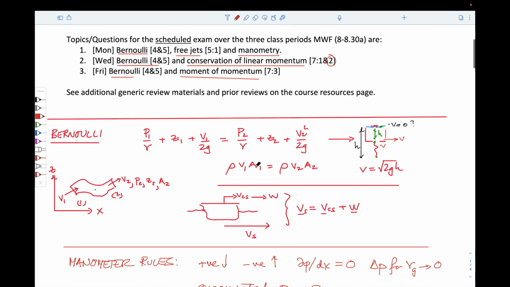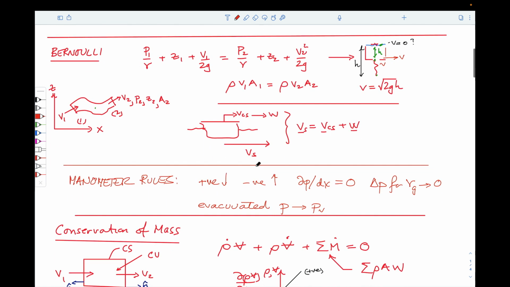The material you need to know in brief is to know what Bernoulli is. You know that Bernoulli is written between one location to a second location. For all of these applications, it doesn't matter which is upstream or downstream. This is the expression that sums pressure, elevation, and velocity head.